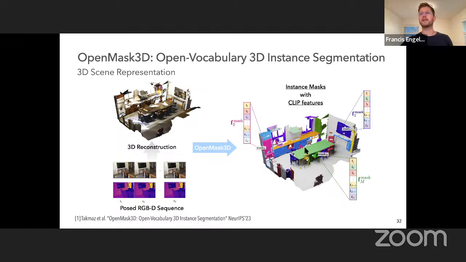What we want to obtain here is instance masks. So we have a segmentation of the 3D scene. And then for each segment in the scene, we want to obtain a CLIP feature that is attached to that particular segment.